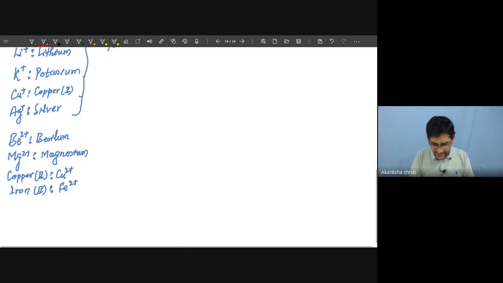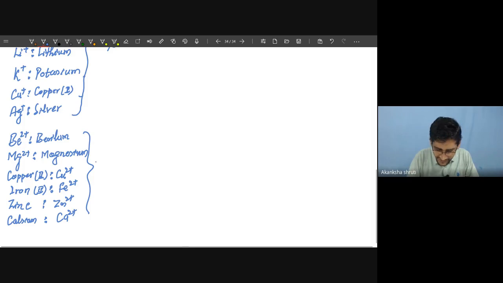Whether you write the symbol first then name or the name first and symbol next, it means the same thing. The other important one was our zinc, Zn2 plus. So these are some of the important ones. Other was our calcium. What was the formula? Ca2 plus. So all of these have +2 charge. Okay, student?